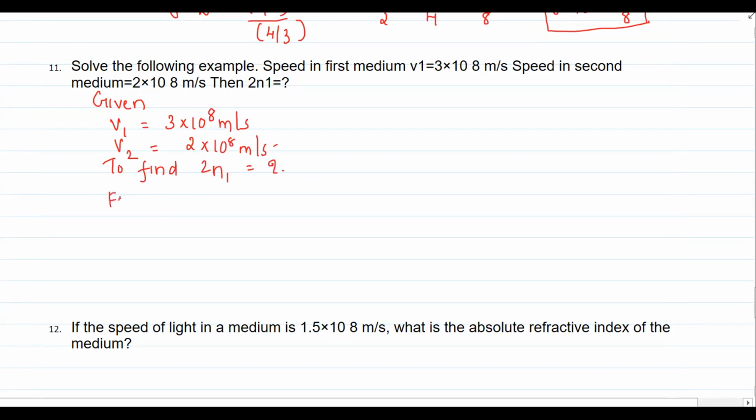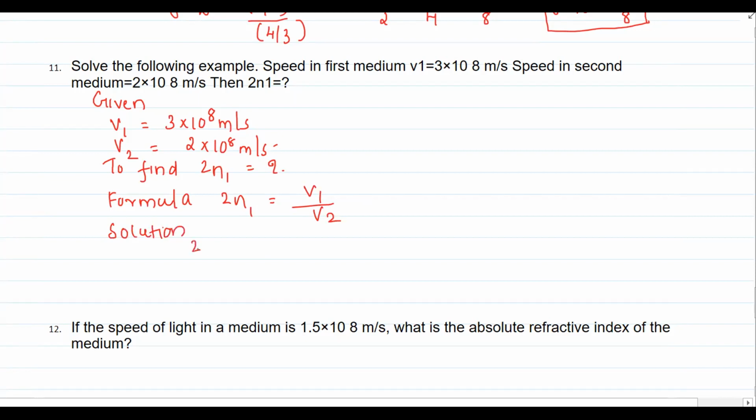We know that formula is refractive index. We want to find out, velocity is given. We know that the relationship between refractive index and velocity. Refractive index of second medium with respect to first medium is equal to velocity in first medium upon velocity in second medium. Now substitute the values.